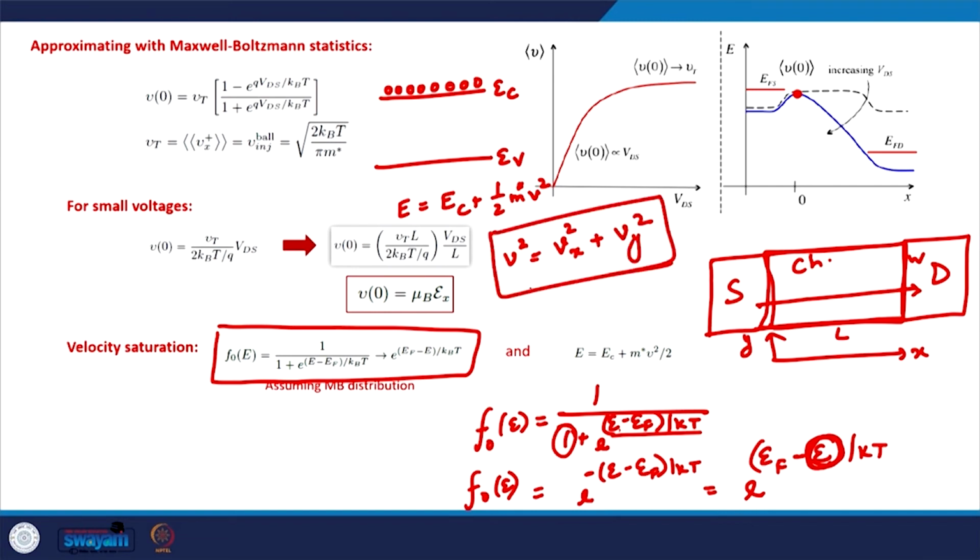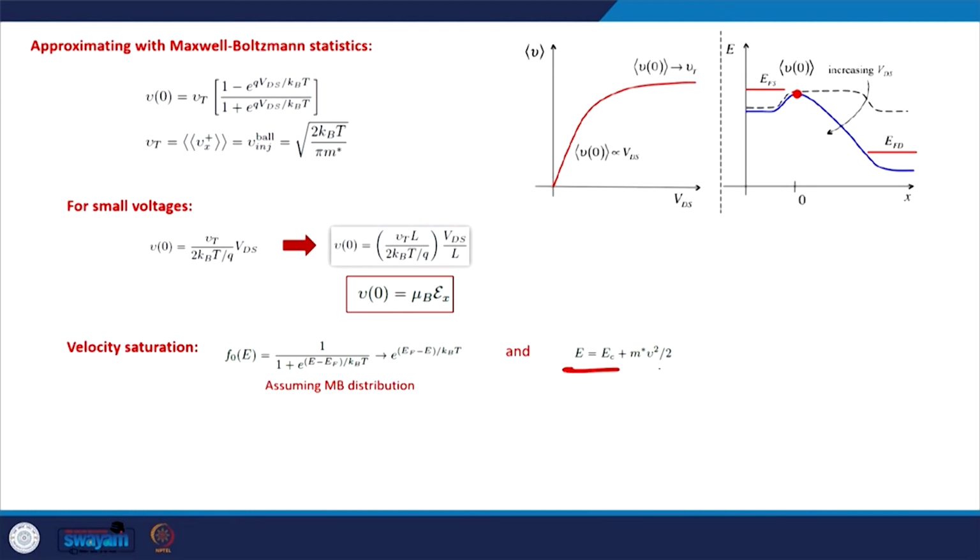So the total energy of the electron that is sitting in the conduction band is the potential energy, which is the bottom of the conduction band, plus the kinetic energy. And if we put this energy value in the Fermi-Dirac distribution function here, which becomes a Maxwell-Boltzmann distribution, that is, if we put E equal to EC plus half m star v square in this function, what we obtain is the distribution of various velocities.